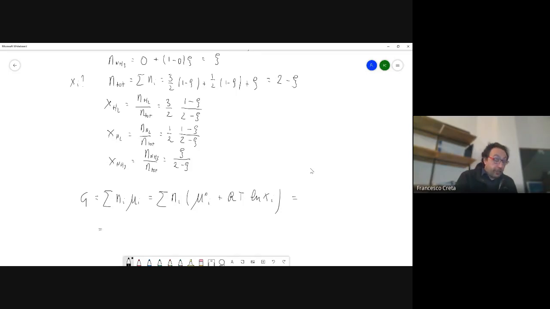Look, G essentially has two contributions. It has this contribution here, and this contribution here.